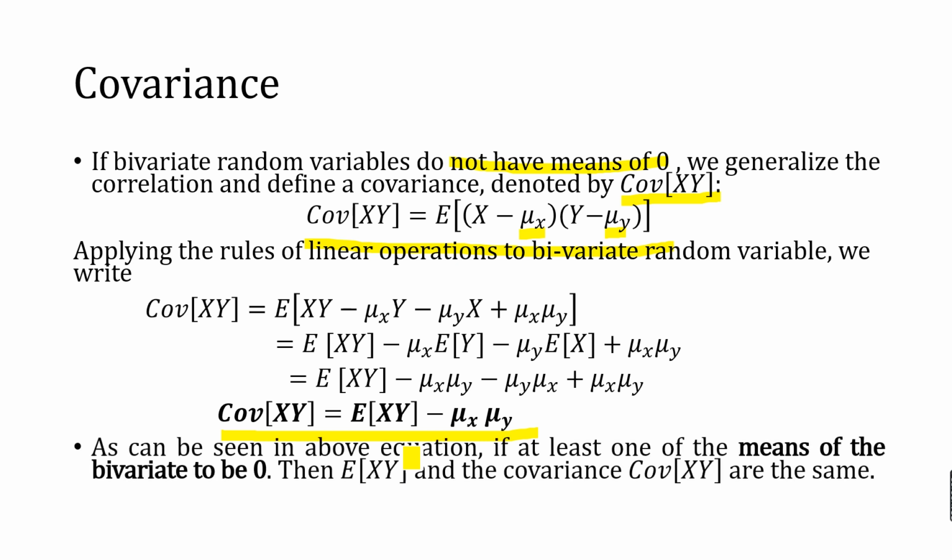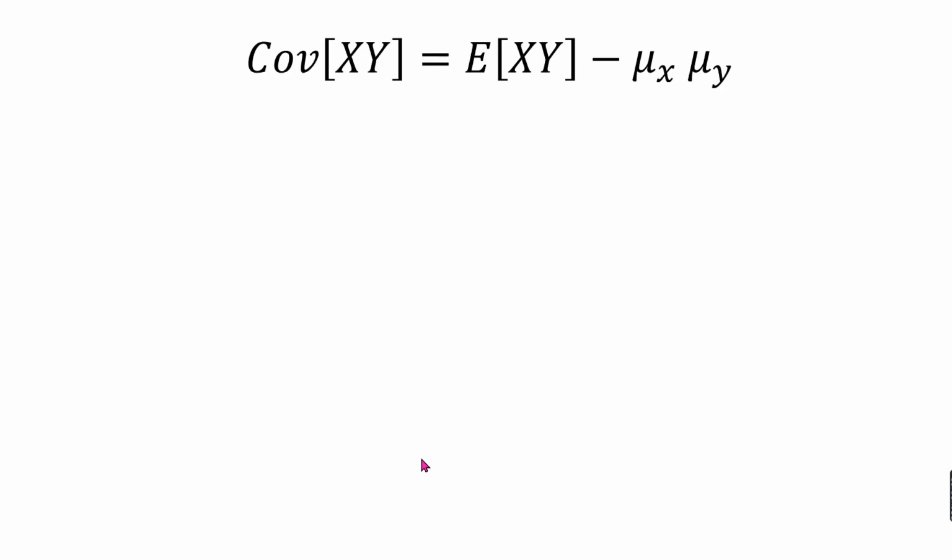From this equation, we can conclude that if the mean of any one of the random variables is 0, then covariance of x and y equals correlation of x and y. If the mean of either of the two variables is 0, then covariance and correlation are one and the same.